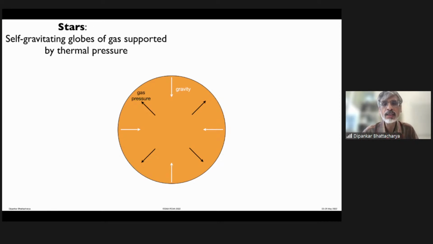And this gives you a pressure, and that pressure is responsible for holding the star up against gravity. So that is thermal pressure.